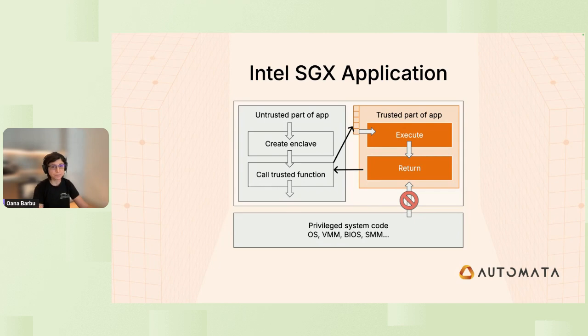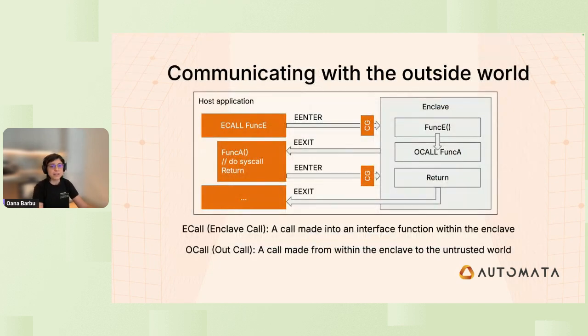And as I mentioned before, there's no entity that can access anything that happens inside the trusted part of the application. The interaction between the trusted part and the untrusted part is done via these things called e-calls and o-calls. So an e-call is an enclave call, a call made into the enclave.